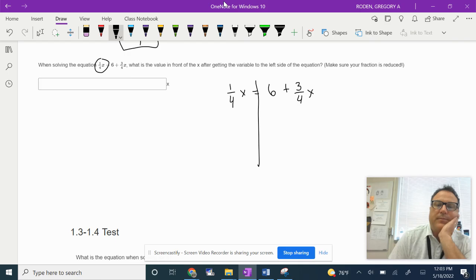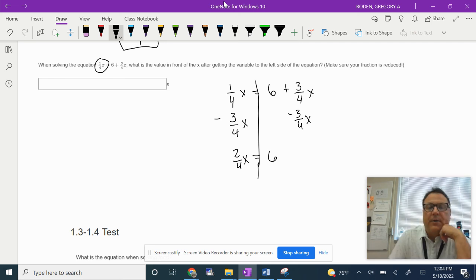All right. So we have 1/4 x, and we're going to subtract 3/4 x because we don't need a common denominator. We had one. I wrote it down wrong. Okay, so 1/4 x minus 3/4 x is negative 2/4 x, equals 6.